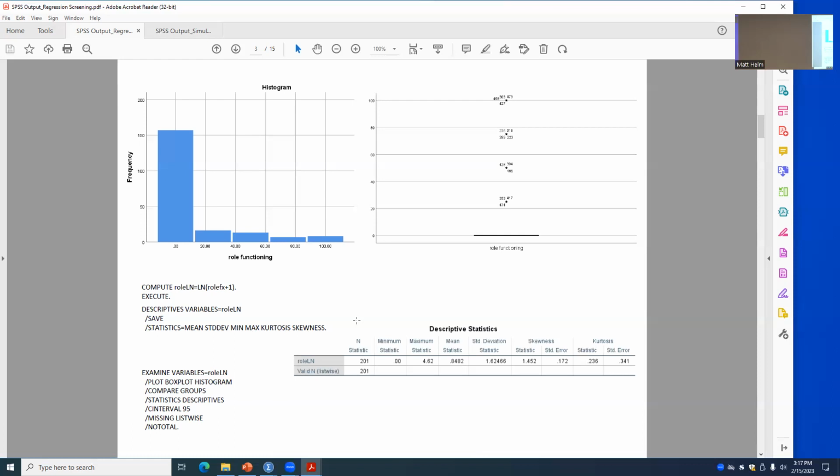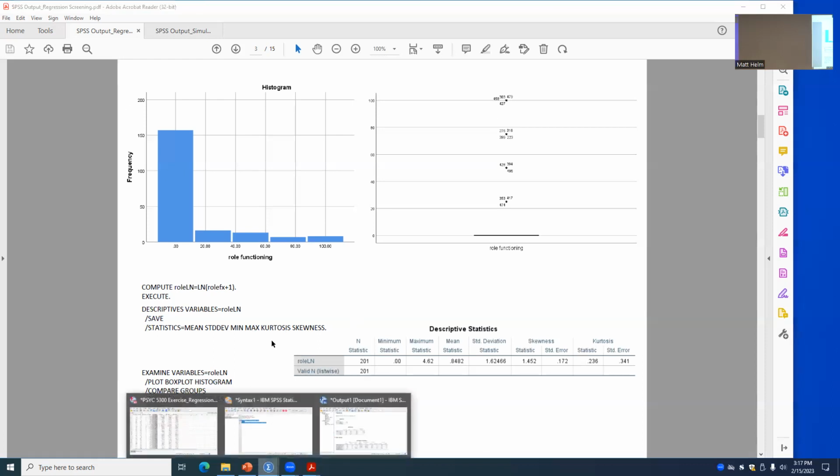Yeah. The range of my values is 0 to 100, but that's not actually what things are. I've got values of 0, 20, 40, 60, 80, 100, right? I've got a categorical variable. It's ordered categorical, but even though I'm like, oh, it's continuous, it's actually not. I've got a level of measurement issue, right?